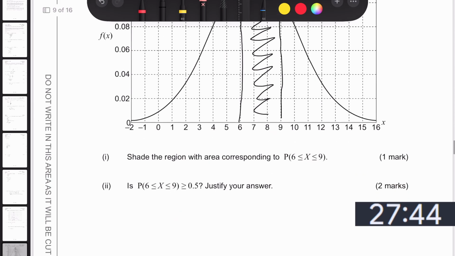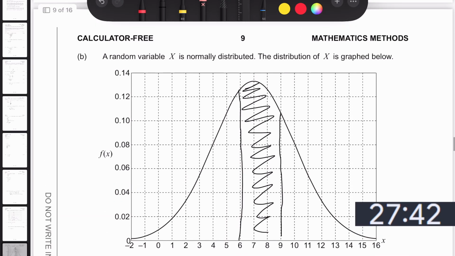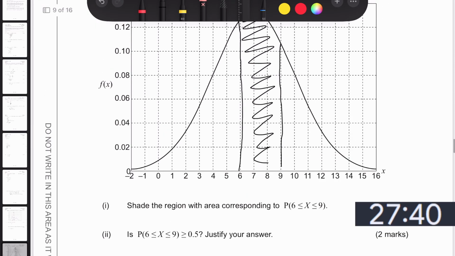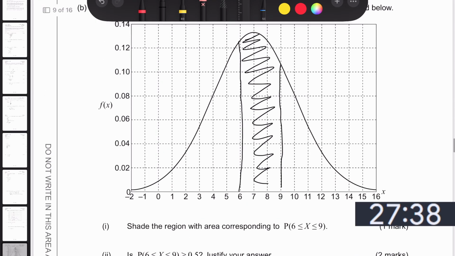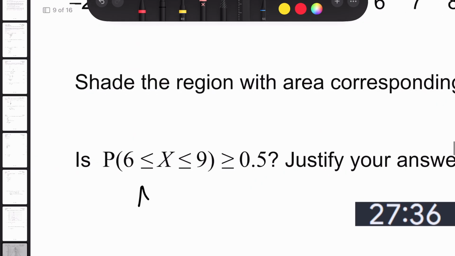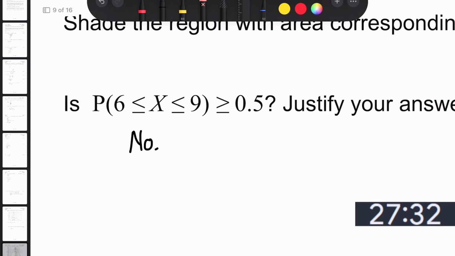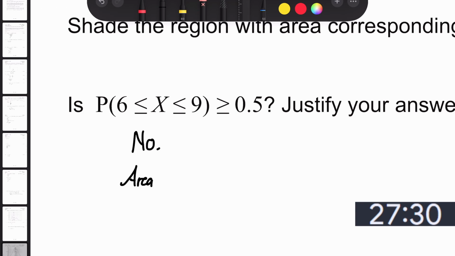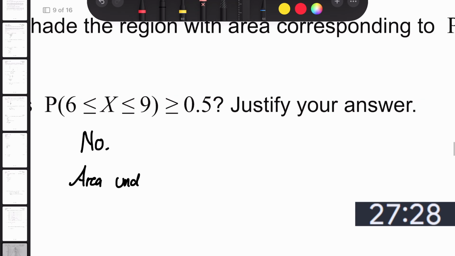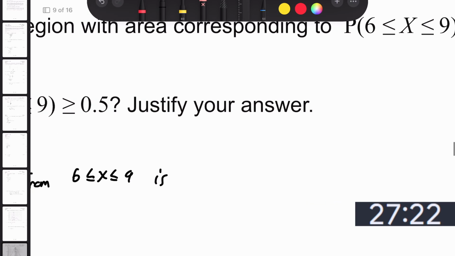I'm thinking no, but is this a thing where I have to count the squares? How do I justify this? I'm gonna say no. Maybe the area. X is not half of the area under the graph.